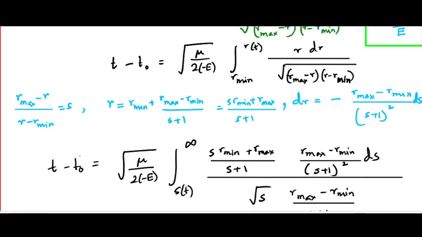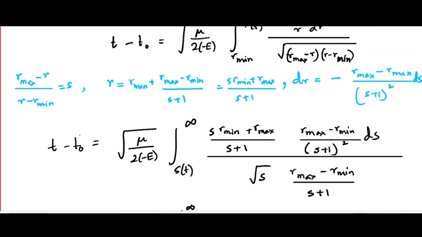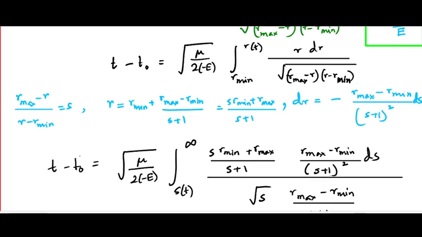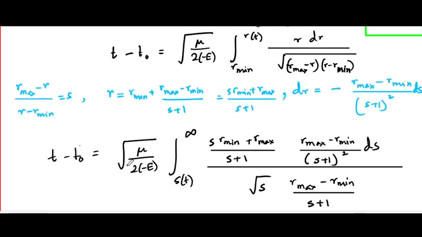And plugging this all into the equation, we get t minus t0 equals root over mu by twice minus e, which is exactly this term. When r is r min, s becomes infinity, so the lower limit should be infinity, and the upper limit should be whatever s corresponds to r of t, which we have called s of t.